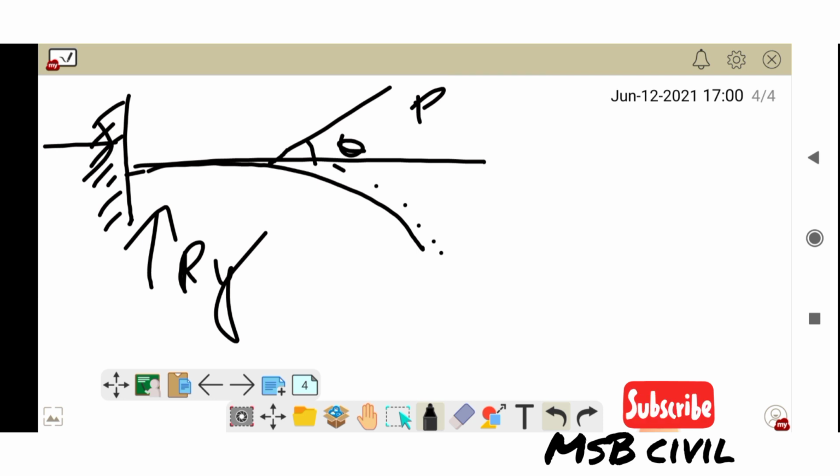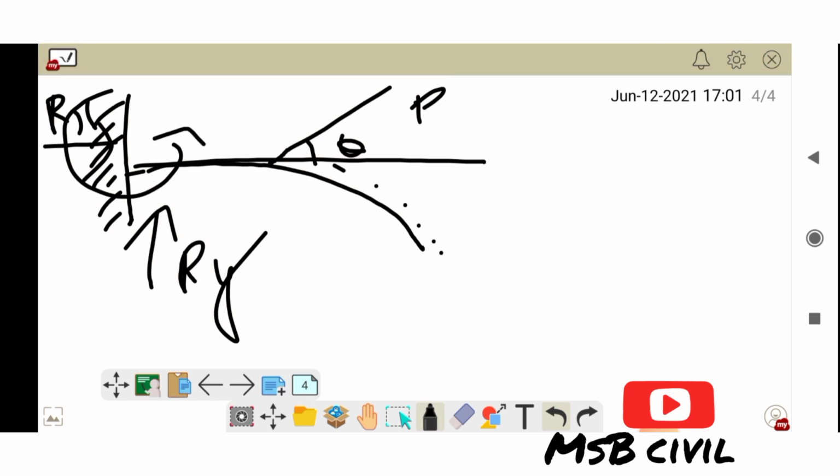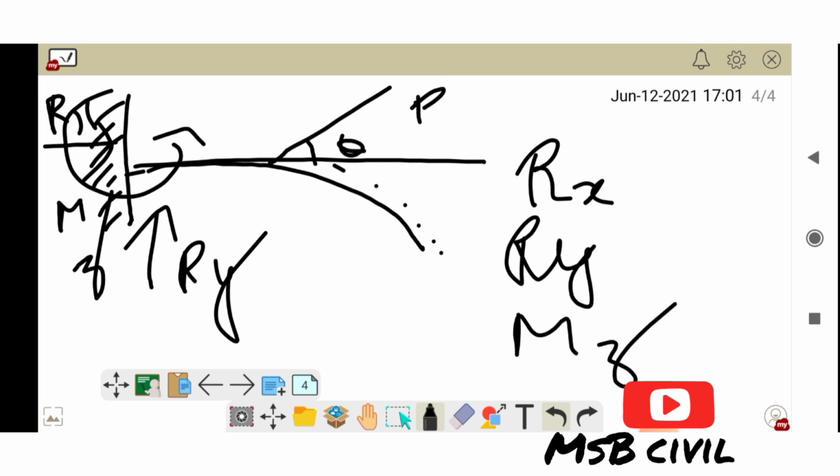Here a horizontal reaction Rx is acting, and the moment acts in this direction, that is Mz. So we get three reactions: Rx, Ry, and Mz.